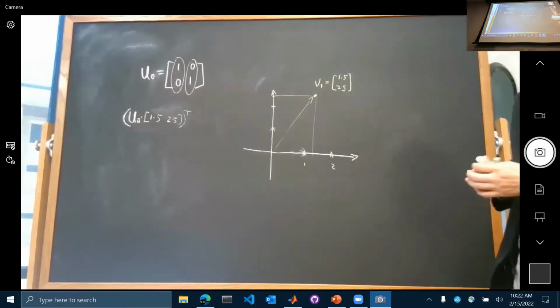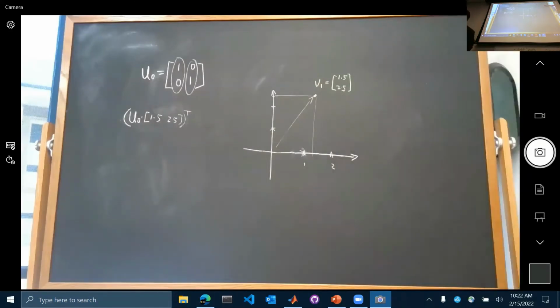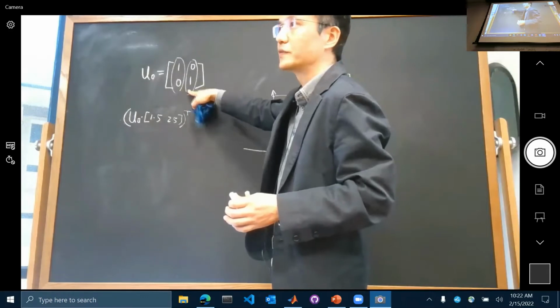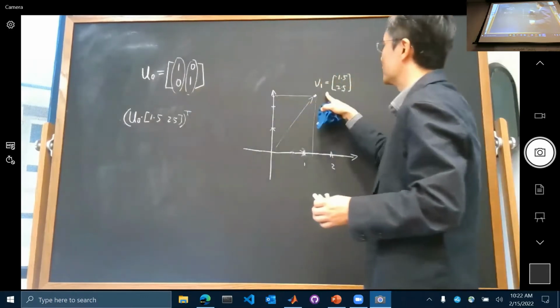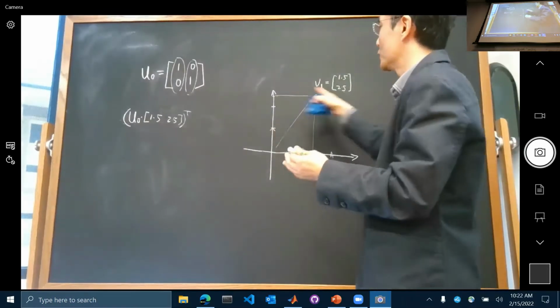Now I'm going to try another vector. This one was boring because when you multiply using this rotation matrix, you don't change anything in the data point; you still have the same value.